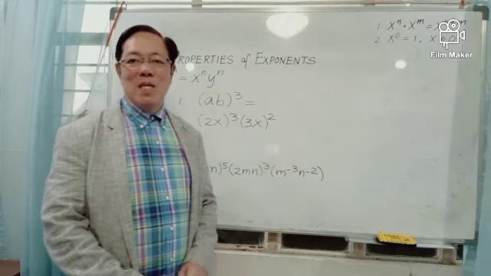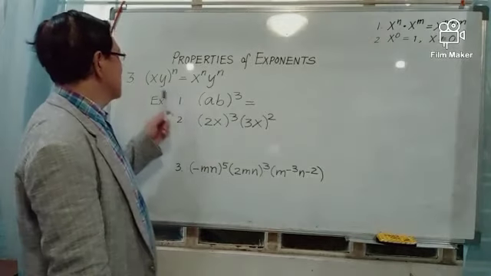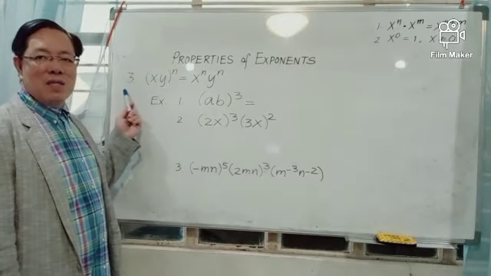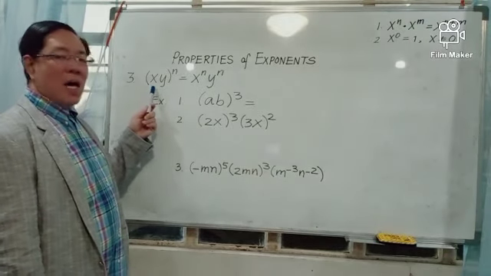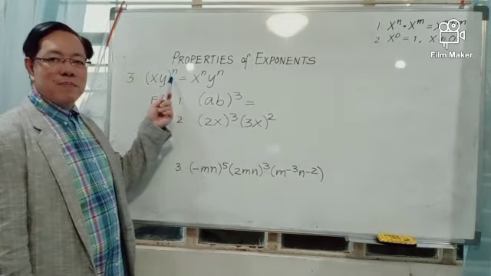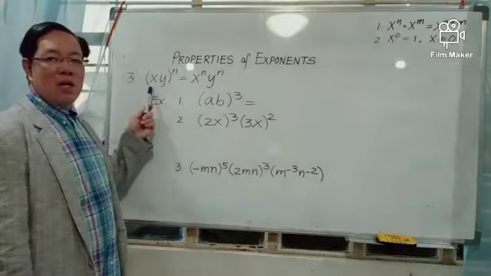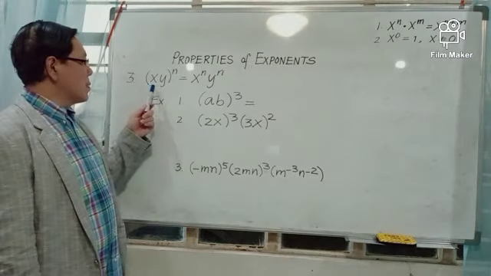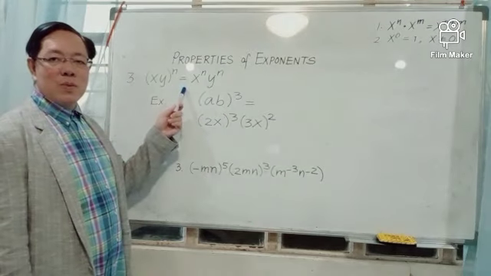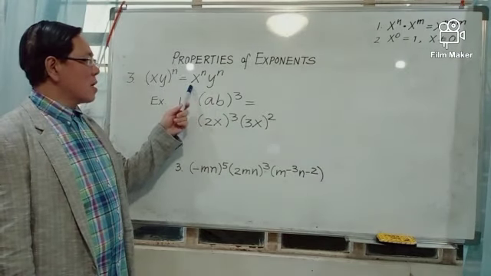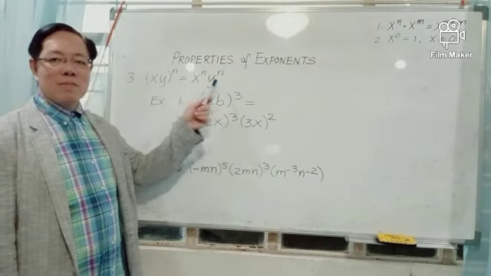We now continue with the third property of exponents. In the third property of exponents, we have the product xy to the power n. The base in this property is the product xy. And the product xy to the power n is equal to the product of x to the power n and y to the power n.